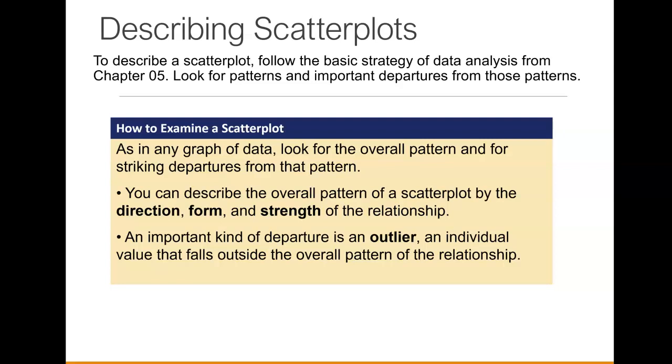And then strength is really about a measurement of how close your data points fit to the shape or the form that you're talking about. So if your data points look really close to a straight line, you might say that's strong correlation.